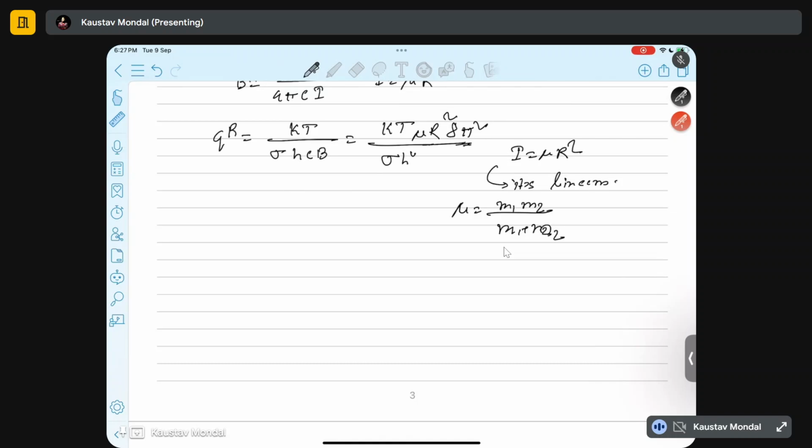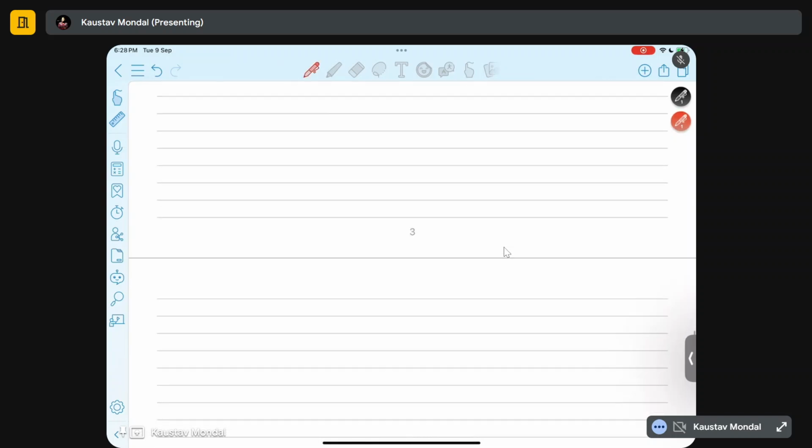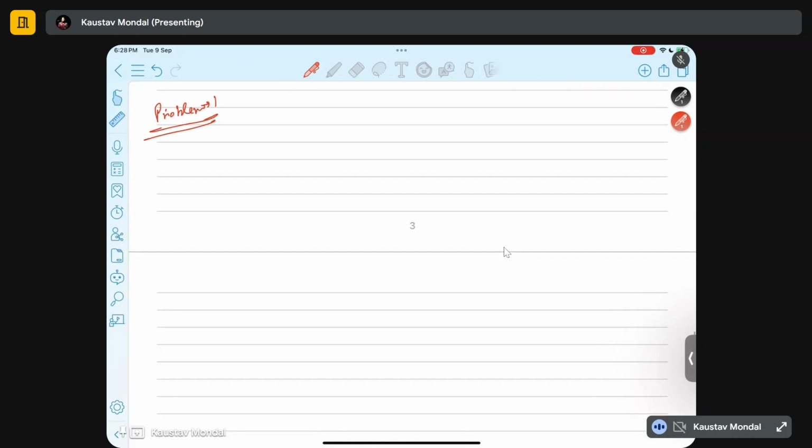So the first problem, problem 1, is for N2, nitrogen.